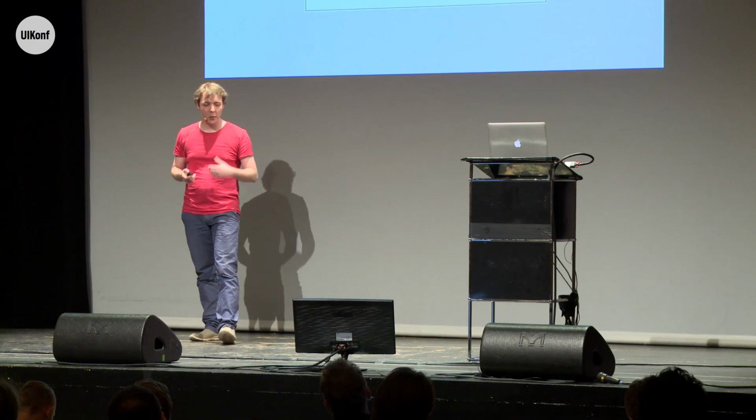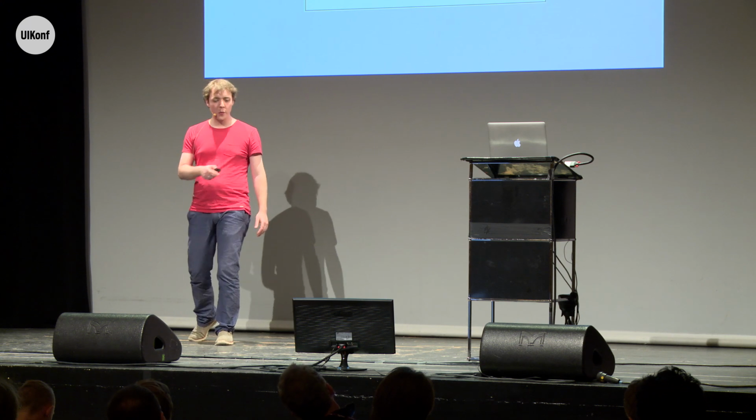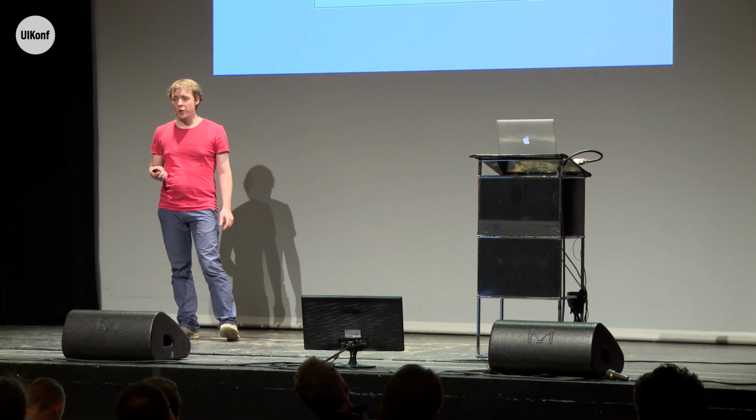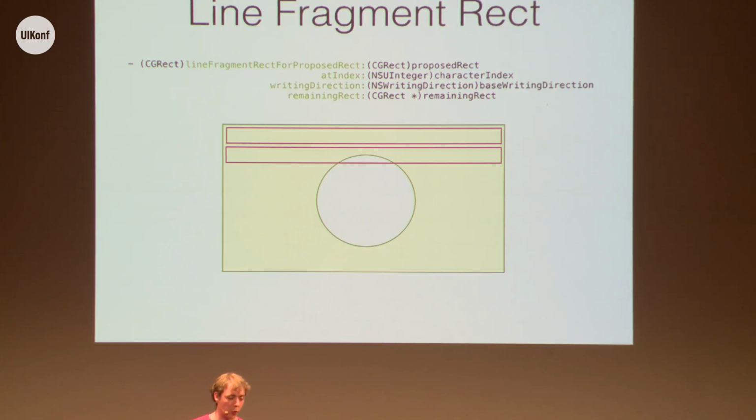We finish with one line, then we will be called again for the next line, and the next line will be proposed the same rect. But obviously, as you can see, we would now hover over our circle, and what we do then is return a shortened rect. It would say, hey, you proposed me this big rect, but just this small part is allowed for you to fill with text.